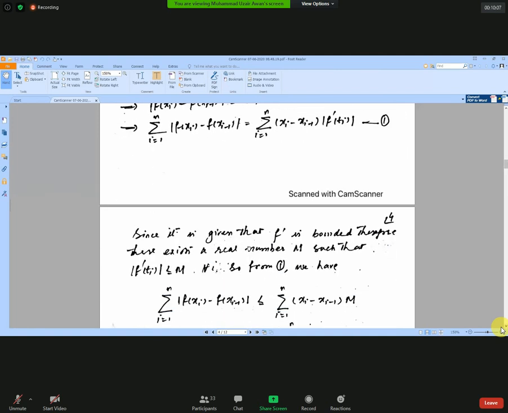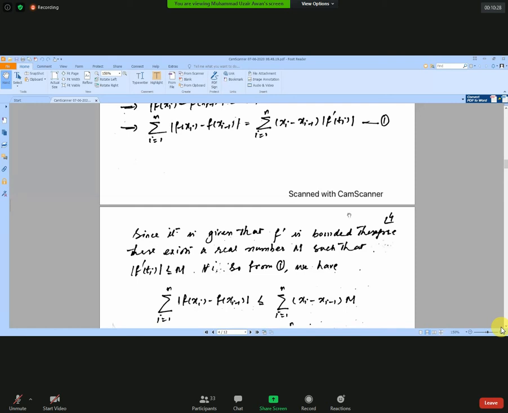Since it is given that f dash is bounded, ठीक हो गई? हमें given है कि f dash is bounded on the open interval ab, so therefore there exists a real number capital M such that absolute of f dash of ti is less or equal to m for all I। ठीक हो गया?